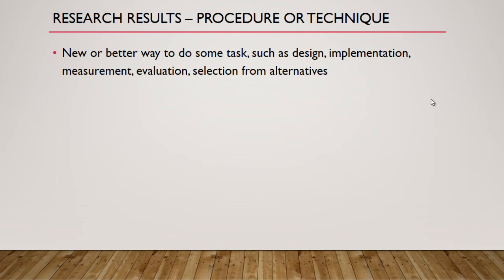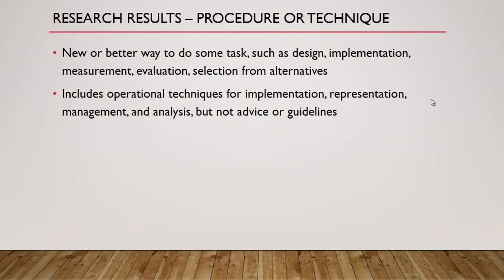If your research can come up with how to do things in a new or better way, then that can be considered a result, not just a process. This includes operational techniques for implementation, representation, management, and analysis, but not advice or guidelines.